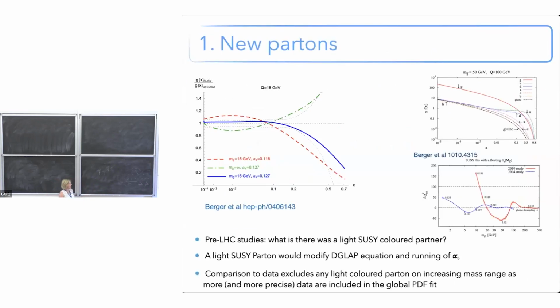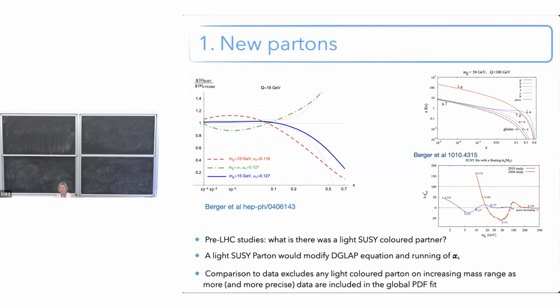So this is an old idea. For example, the CTEQ group did an interesting study where people still believed in light SUSY, that if you turned on the LHC, you would observe SUSY. So you say, okay, what if I add new colored partons to my protons? How would they modify the DGLAP evolution, and in this case, the alpha S running?